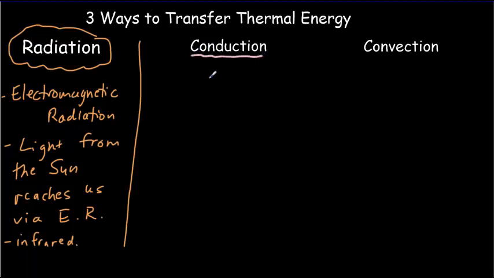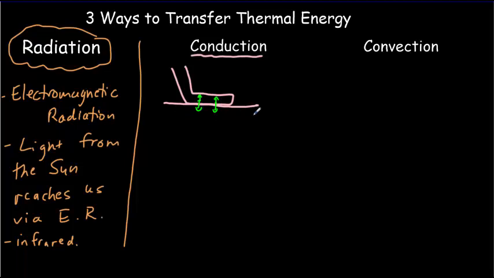Conduction is very common. If I were to take my hand and place it on a cool desk, we would get conduction. And what's going on in conduction is that the molecules in my warm hand have lots of thermal energy. They're vibrating a lot, big vibrations.